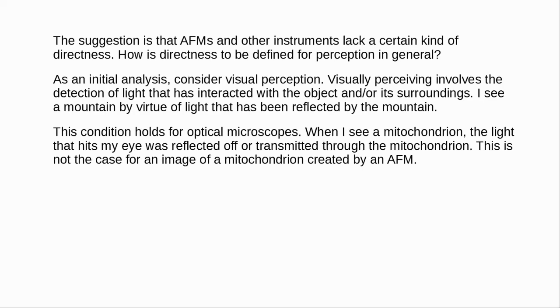So possibly a necessary condition for visual perception has something to do with light: it's about light that has interacted with the object and or its surroundings. Obviously that's not a sufficient condition because light is transmitted through air, but we don't visually perceive air.